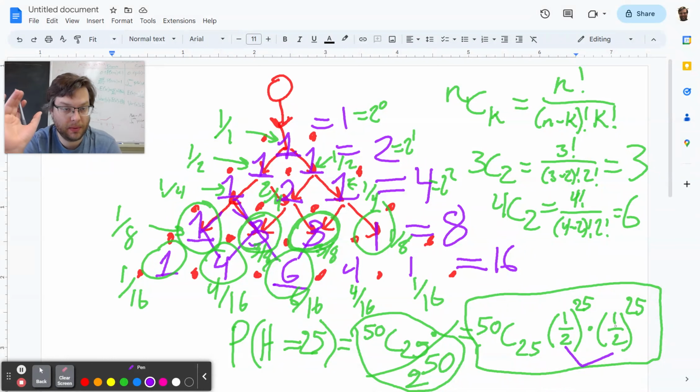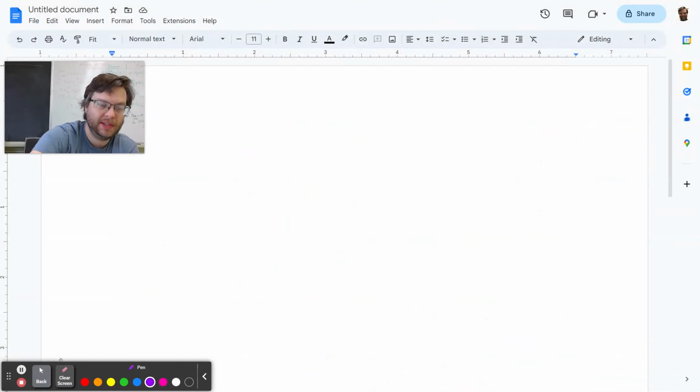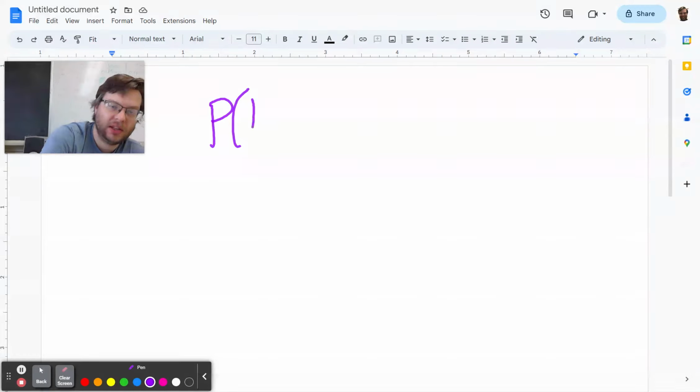So for example, and this will be the last example in this video, I'm going to take basically this formula and I'm going to talk about a biased coin. So let's say we have a biased coin where 3/4 of the time it lands on heads. Then the probability that you would have 25 heads would look like this.